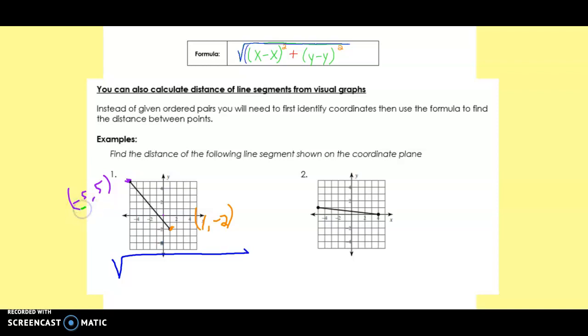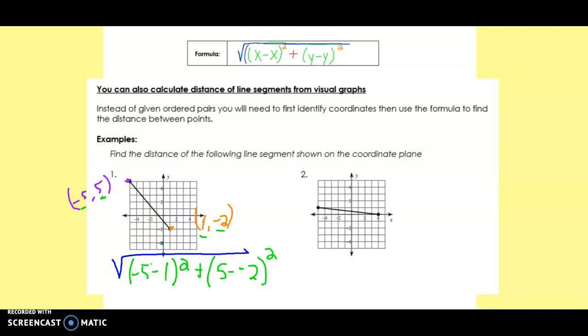Again, that's the first number that you see in an ordered pair. So -5 minus 1 squared. And I'm going to add the subtraction of my y values. So 5 minus -2. Again, be careful with those negative coordinates so that we don't lose the subtraction sign in between. And we're going to square it. So again, I want to see the setup of your formula on your worksheet. But again, you can use that online resource.